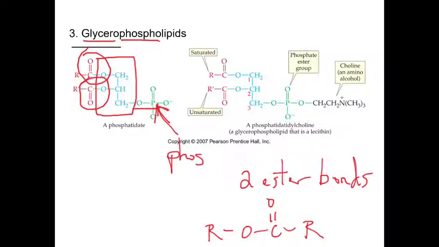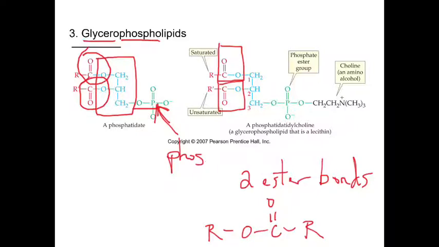And I can see the C double bond O here and here, but I don't see a third one. Remember, if I see a third one with that glycerol backbone, that's a triacylglyceride. If I only see 2 with a glycerol backbone and there's a phosphate in there, now we have a glycerophospholipid.